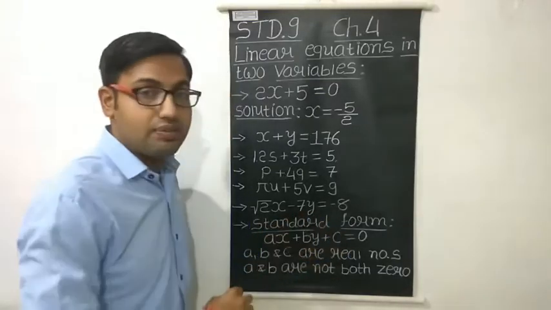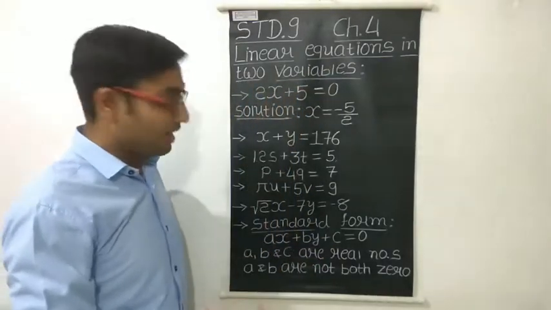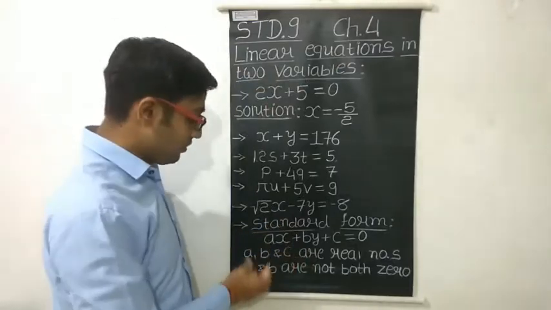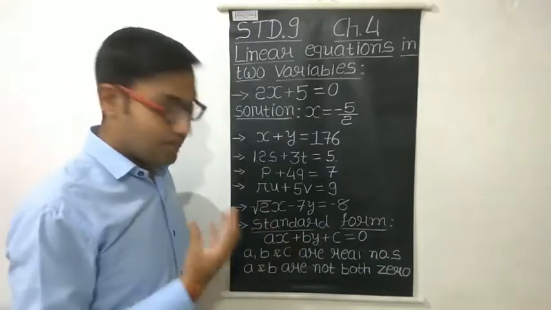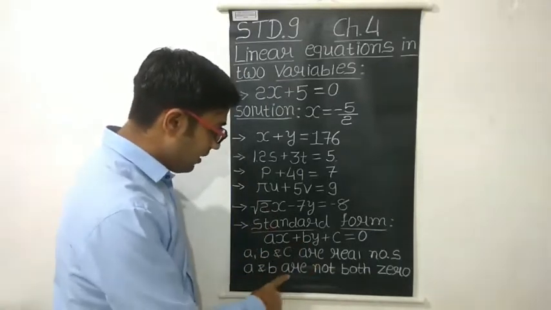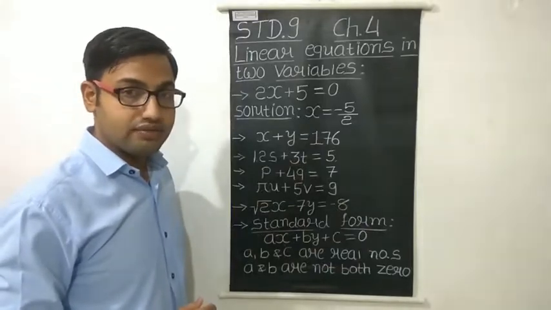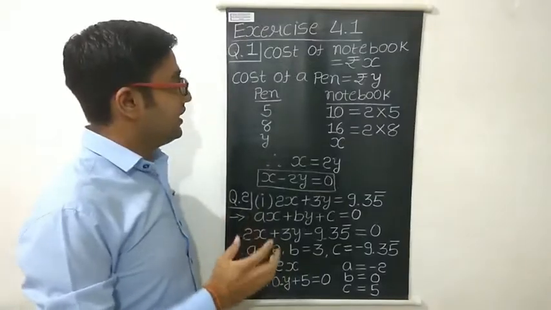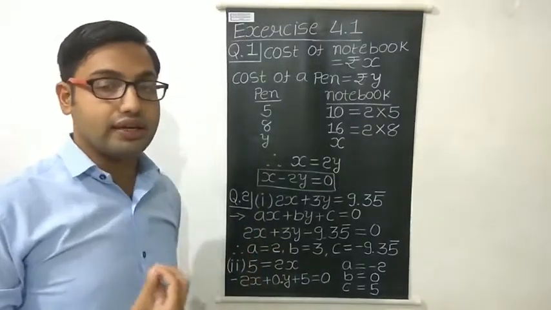Only the constant will remain. So there are not any variables there, and we cannot say it is a linear equation. So there must be at least one variable in the equation. That is why this condition is given: a and b are not both 0. Understand? Okay.